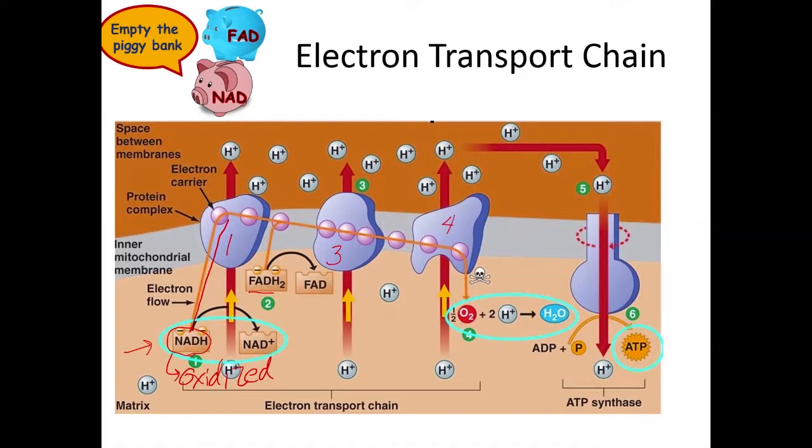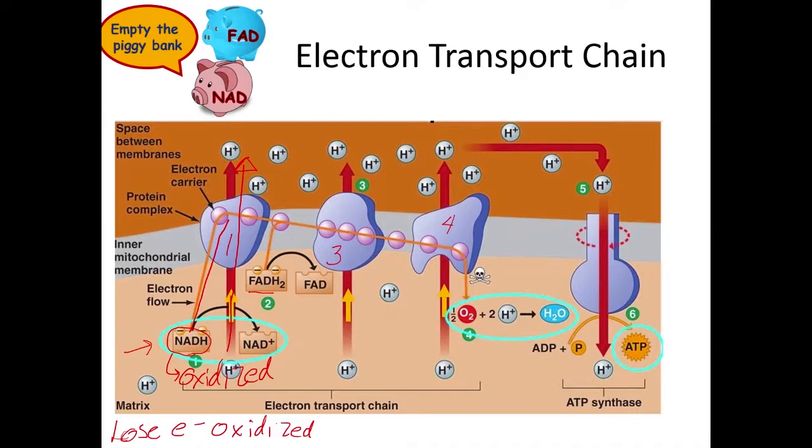So NADH is oxidized in that it loses its electron. Remember, lose electron, oxidized. As that process occurs, a hydrogen ion from the matrix is moved across the pore of the ETC protein, complex 1, into the inner mitochondrial membrane space.